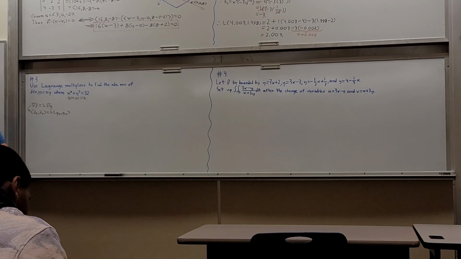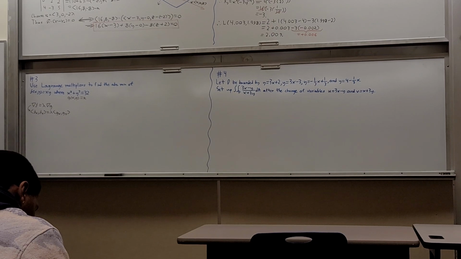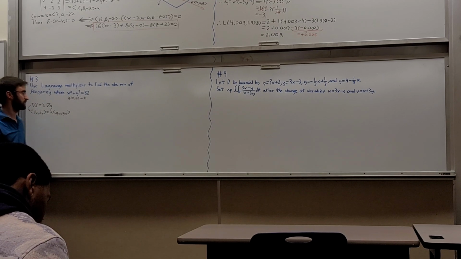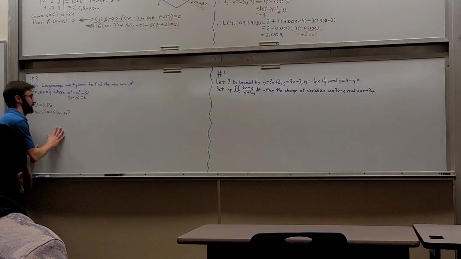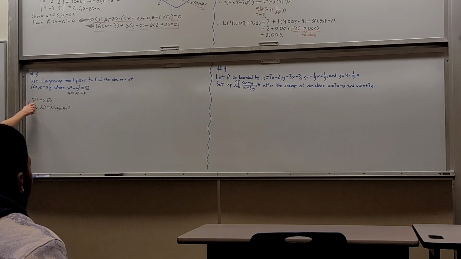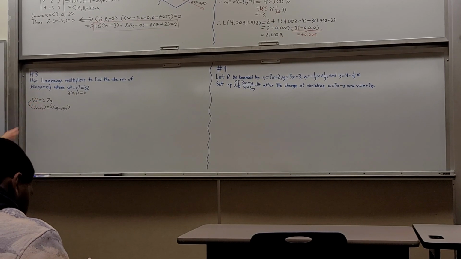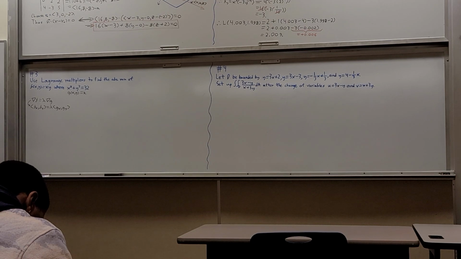Anyway. Next question here: we have to use Lagrange multipliers to find the absolute min of this function, subject to the constraint that the sum of x squared plus y squared equals 32. So we'll use Lagrange multipliers, which says we take the gradient of f and set it equal to lambda times the gradient of g.